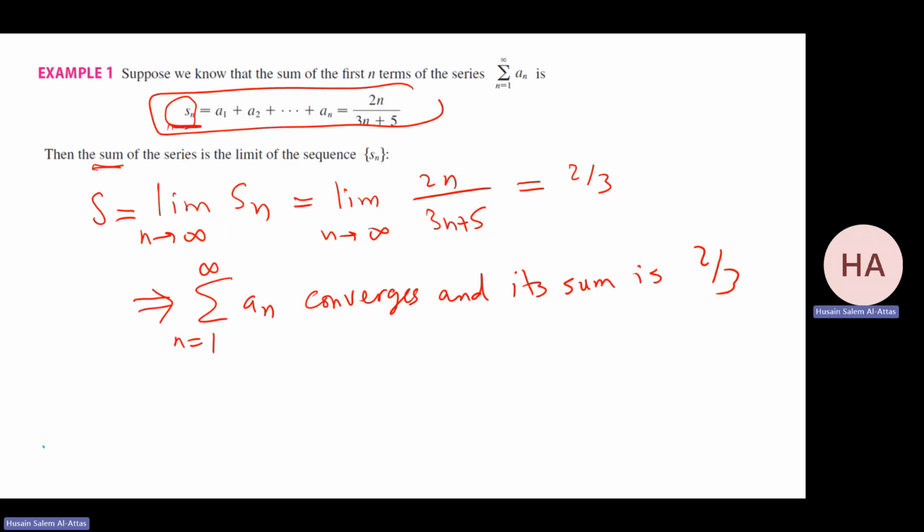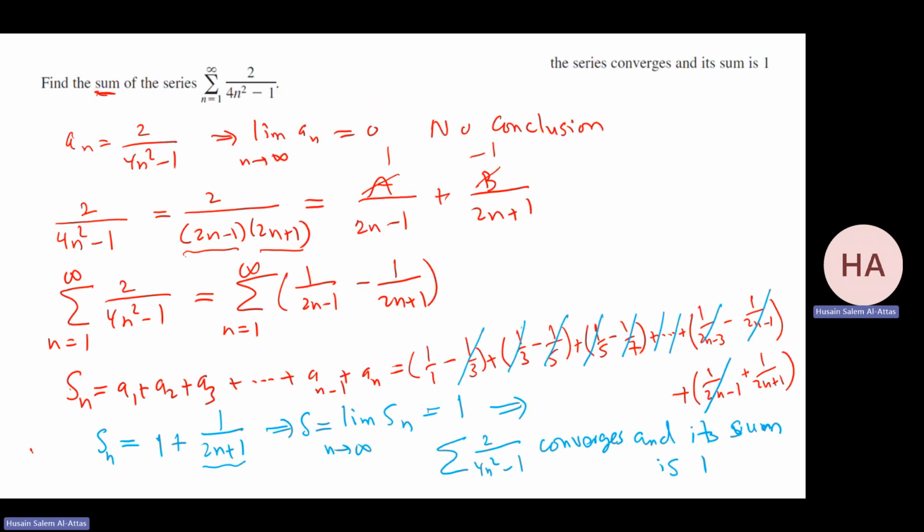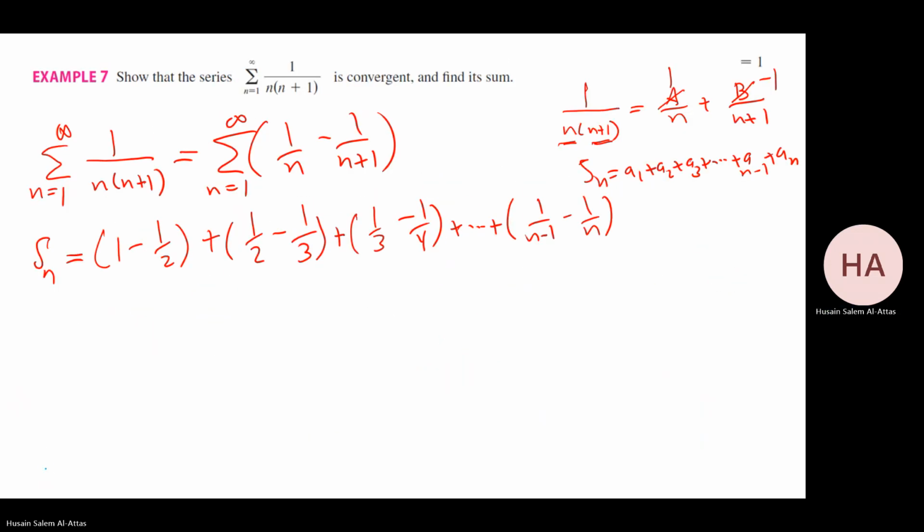By the way, this should be minus. That will not make a difference in the conclusion, but this should be minus. Plus 1 over n minus 1 over n plus 1.